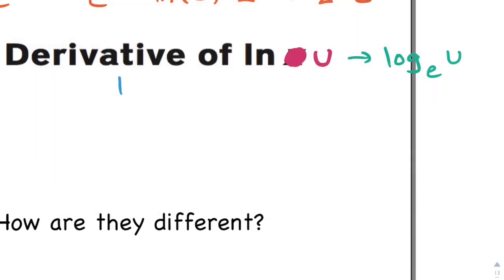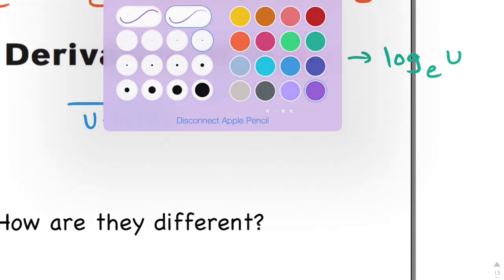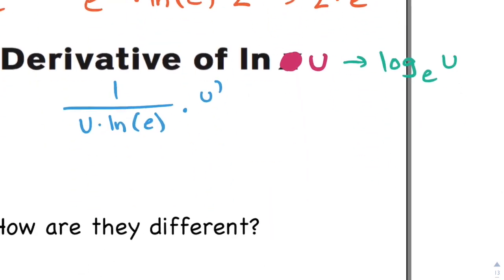So it's going to be 1 over u times ln of e times u prime gets attached onto the end. So it's 1 over the function, u, times ln of my base, base e, and times u prime. You will notice, just like above here, that ln of e becomes nice. It becomes 1 over u times u prime.